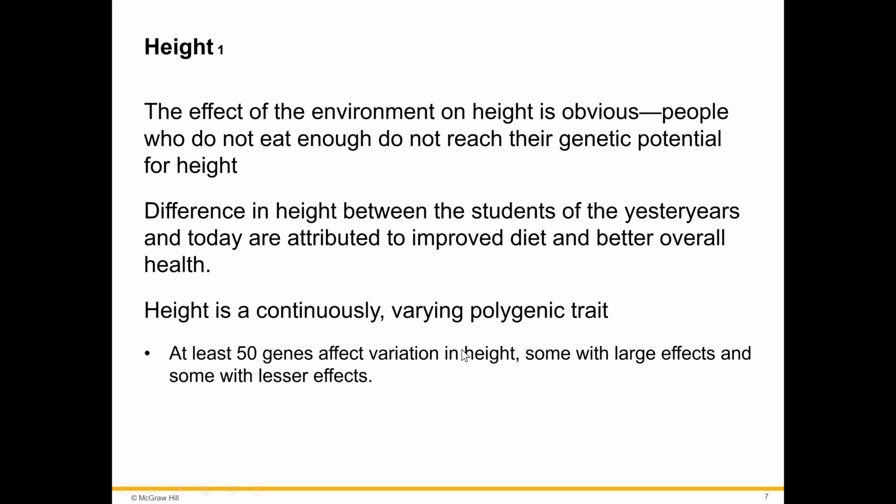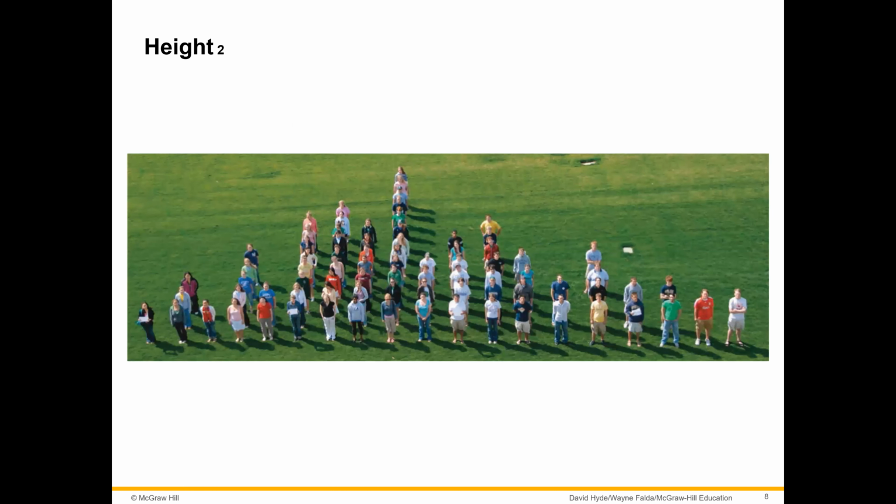I think the next picture, so over here, I'll go back to the previous one. We have students lined up based on their height. And you can see one student here who is really short, and one student is very tall, but most of the students are medium height. And you see this bell-shaped curve of our polygenic trait.